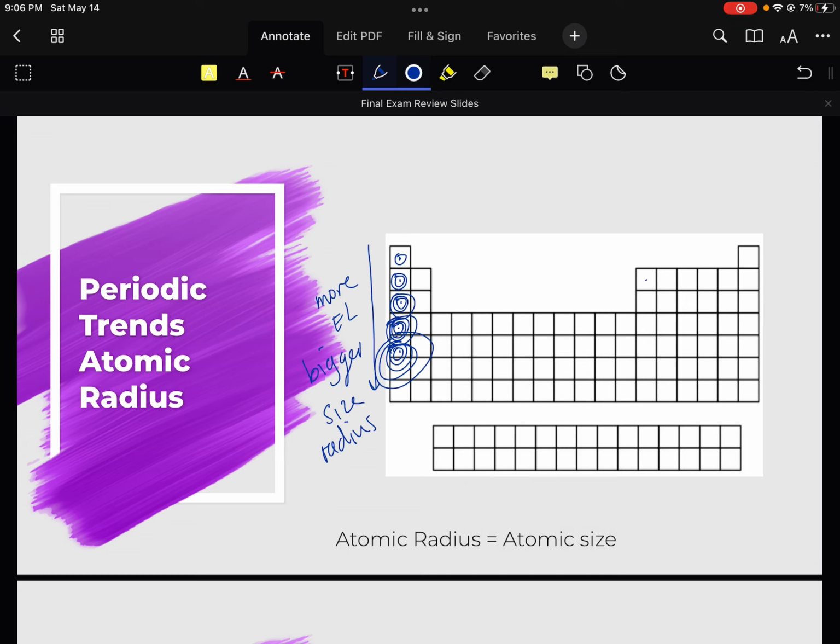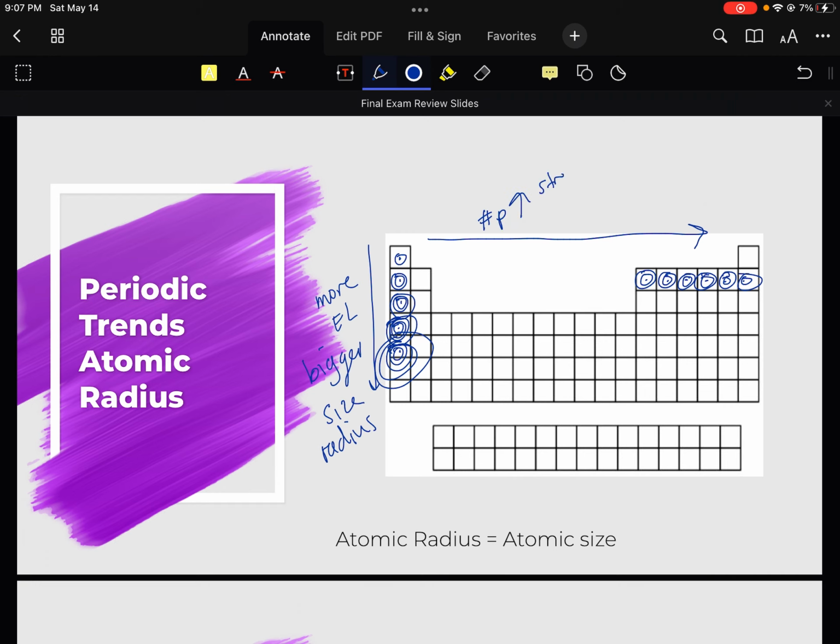As we go across, all of these on this second row are going to have 2 energy levels. That's not changing. So my energy levels stay the same. So as we go across, remember we're comparing our protons. So as we go this way, my protons are getting bigger.